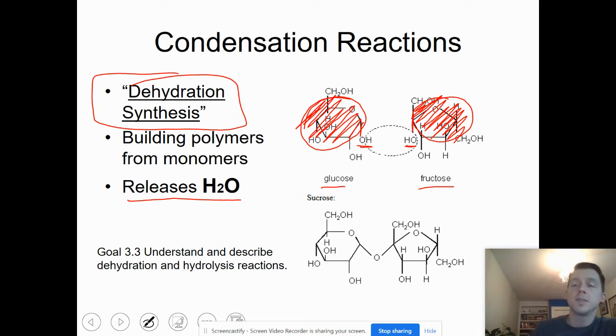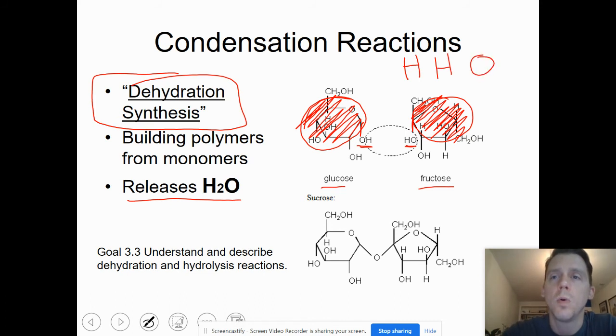So if our bodies want to combine these monomers into a polymer, we have to take out water. Remember, water is an H, a second H, and an O, otherwise known as H2O. So we have to get rid of two H's and an O.